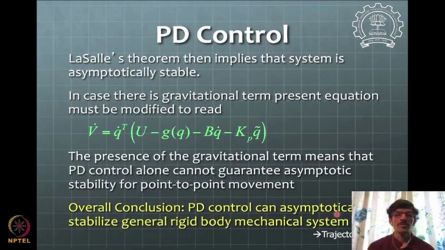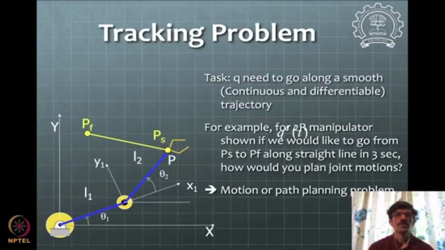Now the problem comes when we want to do trajectory tracking. This trajectory tracking is an important issue here, and for that we need a lot more to be done. So the trajectory tracking problem is simply like this. Suppose you have a two-link manipulator, explained using this two-link manipulator, and we want to track this trajectory.